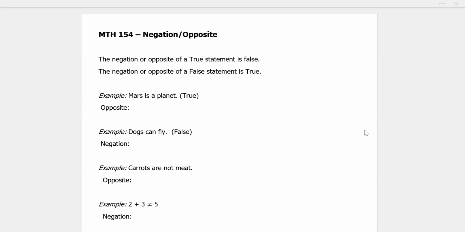Let's look at some examples of writing the opposite or the negation of a sentence. So, for example, saying Mars is a planet is true. The opposite would be Mars is not a planet, which of course would be false.